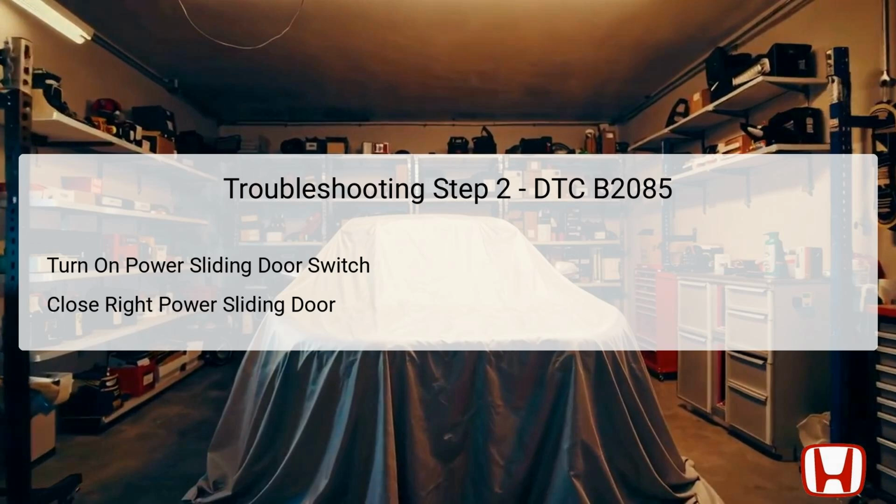This step is critical because proper door position is necessary for the door mechanisms to function correctly. The operational state of the door directly influences the feedback that will be received from the half-latch switch. Completing this step prepares the system for the next evaluation of its operational integrity, which will help determine if the DTC B2085 is still indicated.